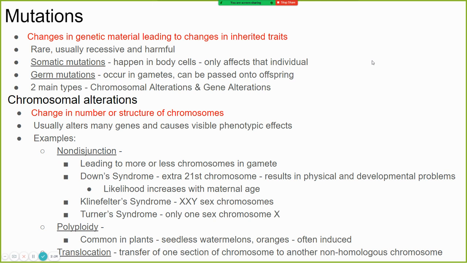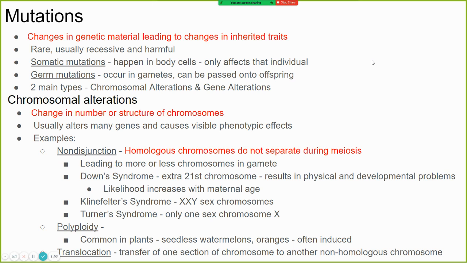So sometimes the chromosomes during meiosis don't split up correctly. The two homologous chromosomes don't each go to one side of the cell. Sometimes an extra one goes, sometimes one doesn't go at all. And that means a sperm or egg cell might have a different number of chromosomes in it. Down syndrome is when there happens to be an extra 21st chromosome.